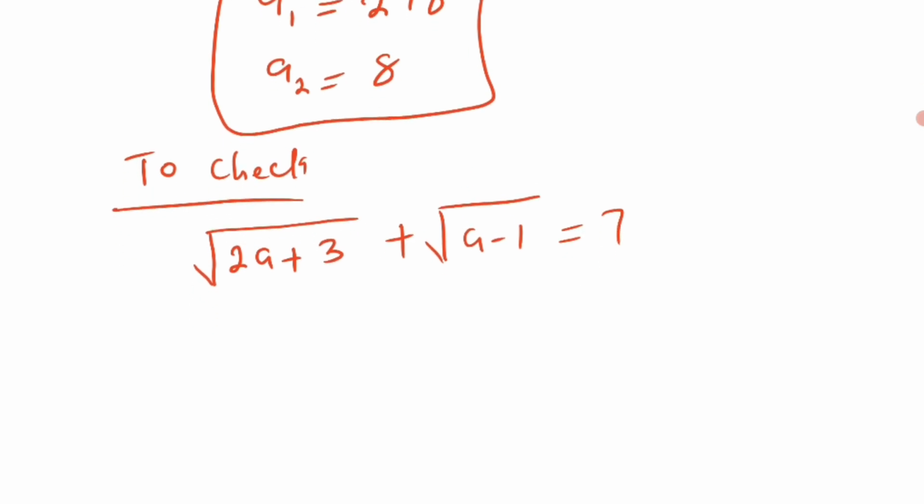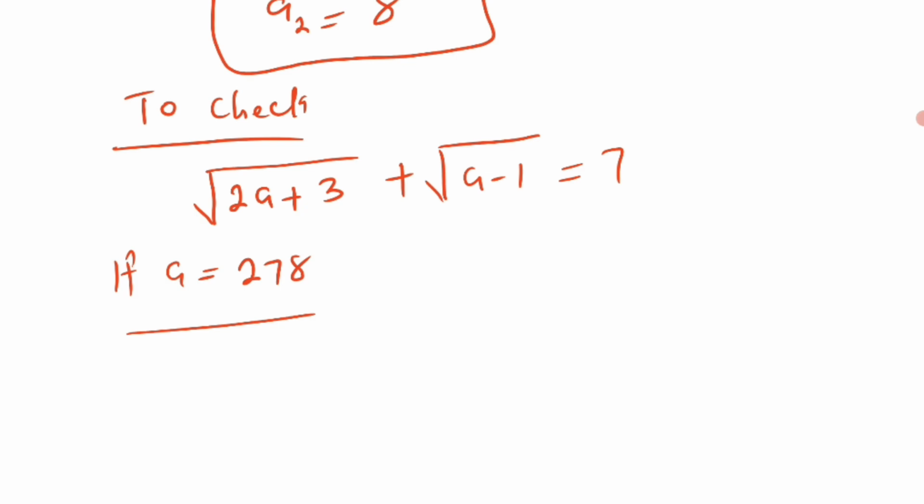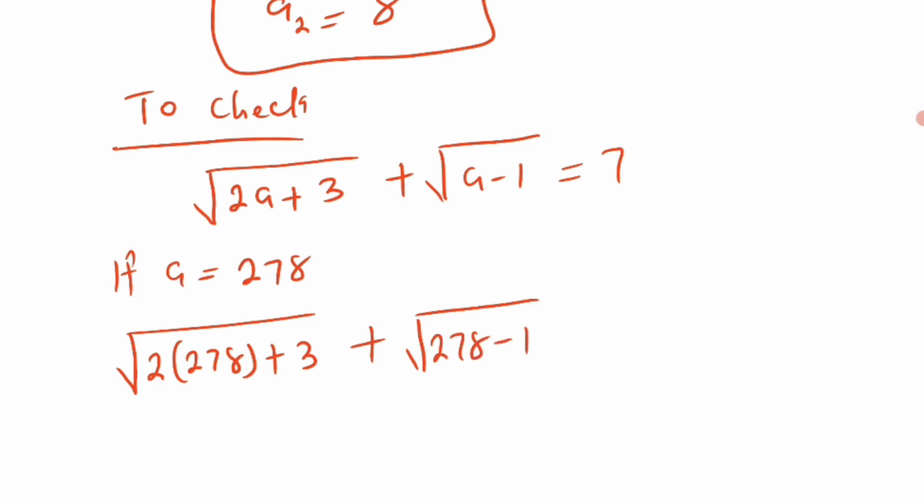Now let's see. If a is equal to 278, this is square root of 2 bracket 278 plus 3 plus square root of 278 minus 1 must be equal to 7.